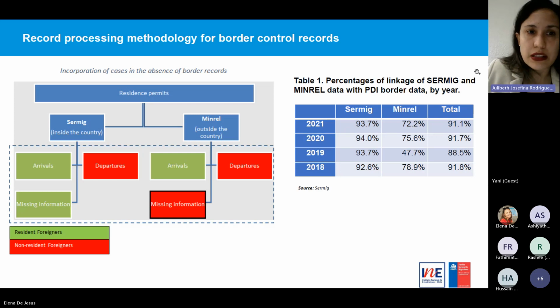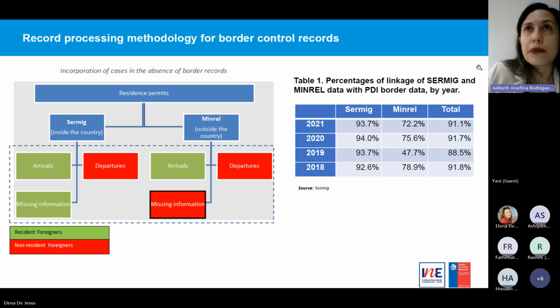And for linking processing, the PDI analyst generates an identification algorithm that includes any identification number and adds variables such as surnames, first names, and date of birth. And for the 2021 estimates, the level of matching between this combined database and the PDI is close to 90%.